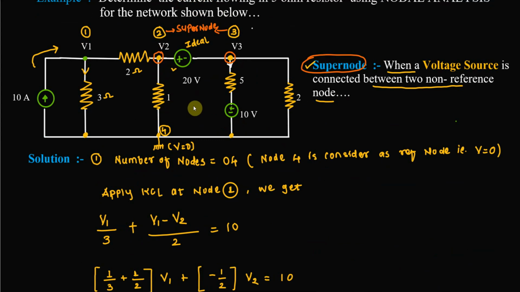Fine. So when you combine, you can see that at this node 2, what we will be getting here is V2 minus V1 by 2. This is the first current, and the second is V2 minus V0 by 1. Okay.